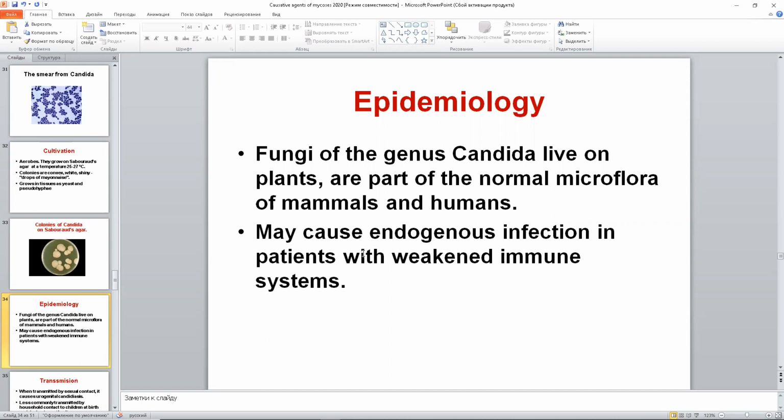So this Candida, if they have the opportunity to multiply, they will multiply and may cause endogenous infection in patients with a weakened immune system, in immunocompromised people. Of course, HIV patients: the last stage of HIV infection is acquired immunodeficiency syndrome.